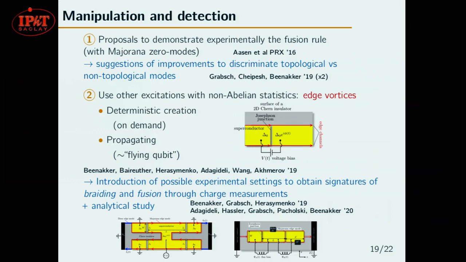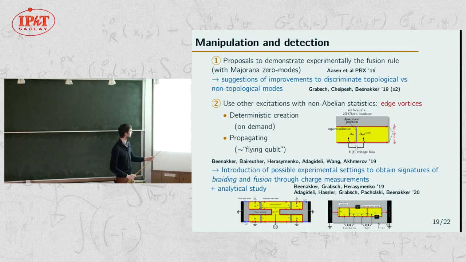I will not go into much detail, but in this paper they introduced a way to create these excitations on demand, just by applying a voltage pulse. So you can create them whenever you want, and the advantage is that they are propagating.